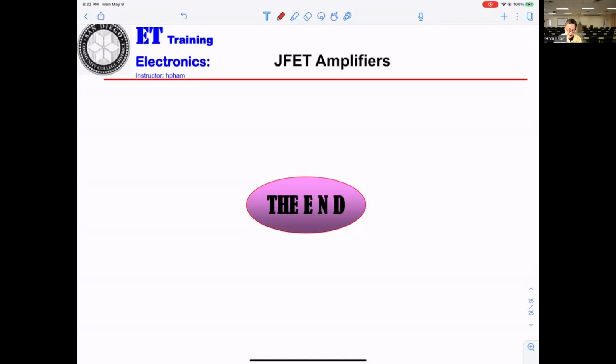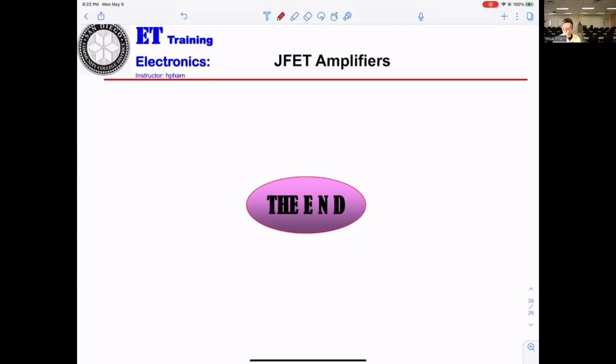On the JFET, you get common source, common drain, common gate. The thing you must memorize: for CE amplifier, you get a good gain, and input and output are 180 degrees out of phase.